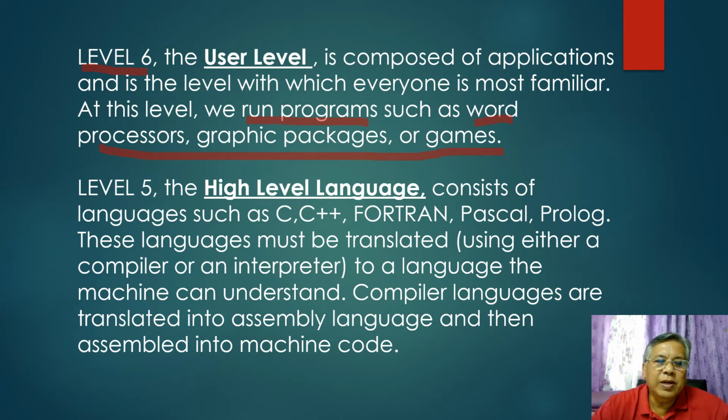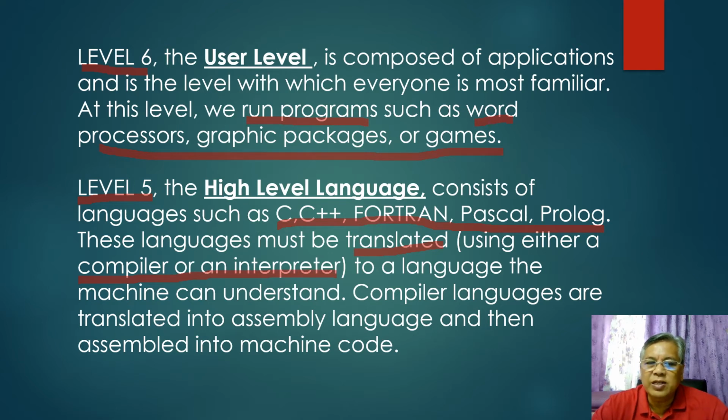Then we have level 5, which is the high-level language. It consists of languages such as C, C++, Fortran, Pascal, Prolog, and others. These languages must be translated using either a compiler or an interpreter into a language the machine can understand.